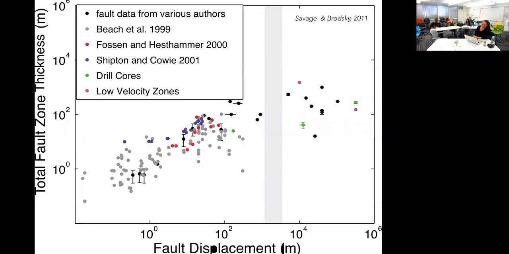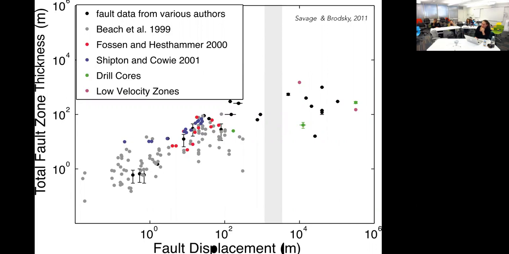And so here's their plot. On the x-axis is the displacement on the fault, and this is a log scale, going from little tiny faults on the left to really big faults on the right. And then the total fault zone thickness, this is actually the thickness of the fractured zone around the fault. For the itty bitty faults, if their displacement is centimeters or meters, they're also getting a total width of fractured zone around the fault that's centimeters or meters.